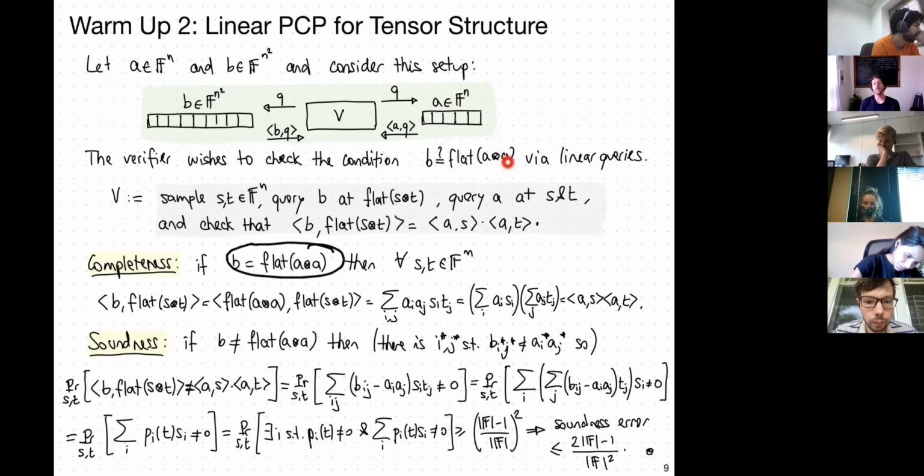So what is A tensor with itself? It's a matrix whose entries are A1A1, A1A2, A1A3, until AnAn. And all I want to check is that these two things are consistent. Okay, so we are checking basically that our quadratic polynomial is something very specific. Exactly, of this tensor form, yes. Okay. Thank you.